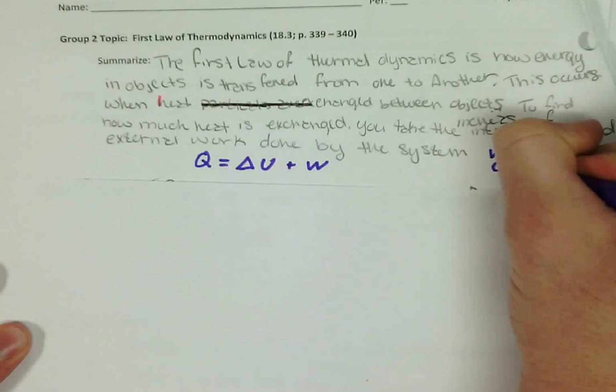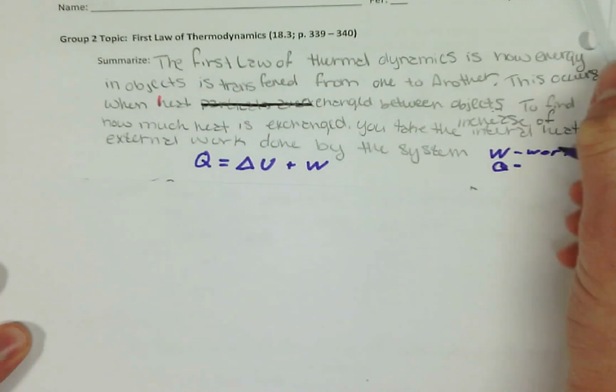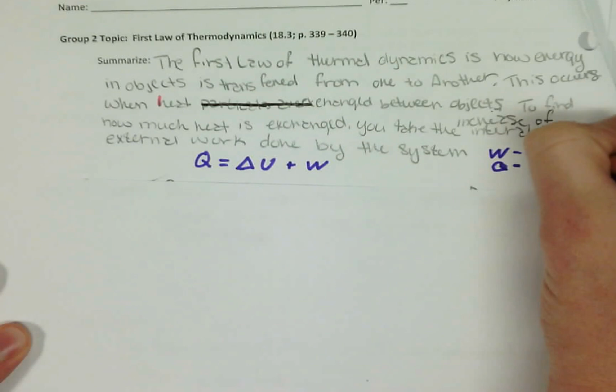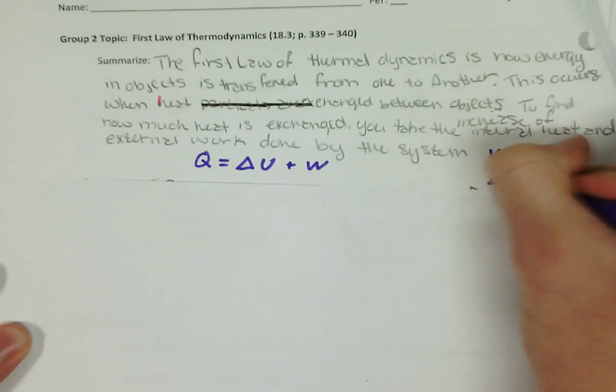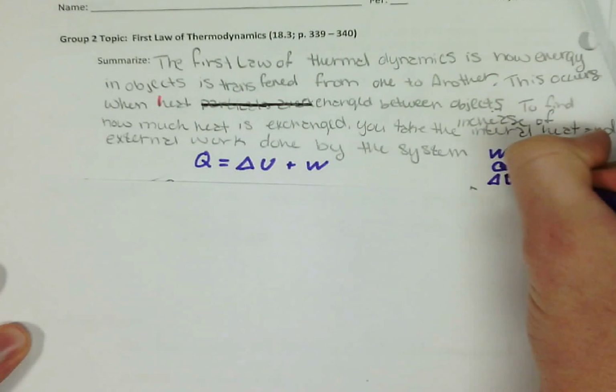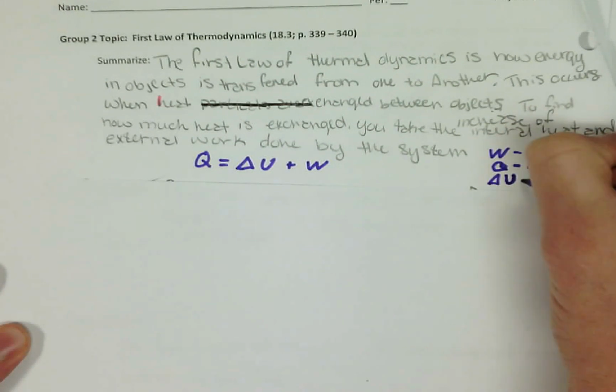Let's see if anyone remembers. Q is? Heat. Heat, yep. And delta U, this one you haven't seen before. Delta means change. So delta U is change in U. U is internal energy.